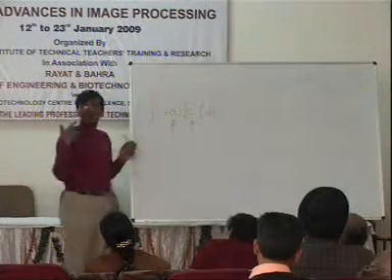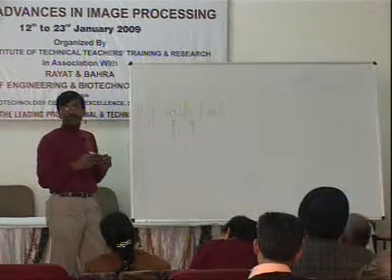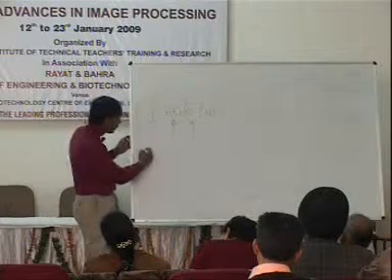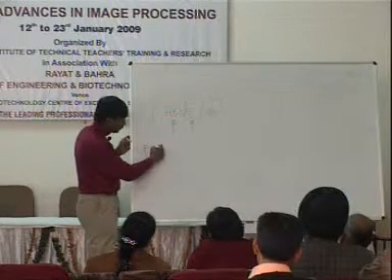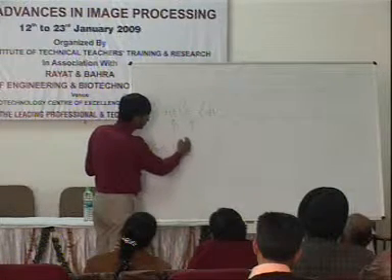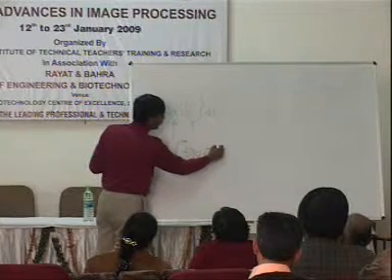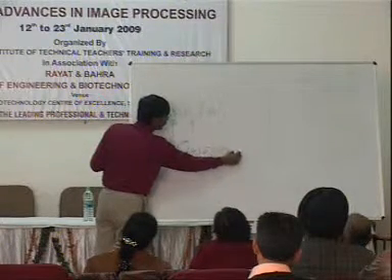In the case of a Fourier transform, why are electrical engineers so fascinated by the Fourier transform? Because the transform that you get out of it, F of omega, is the integral from minus infinity to infinity of f of t e to the power minus j omega t dt.